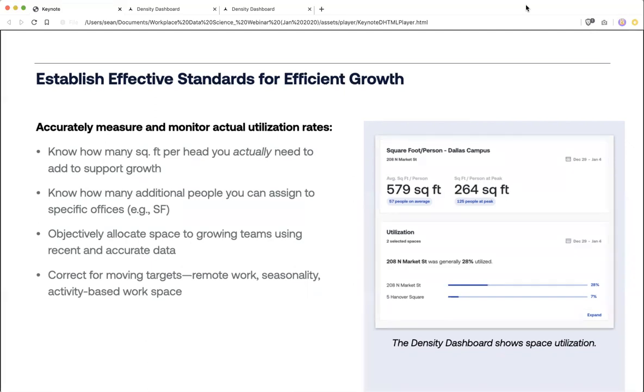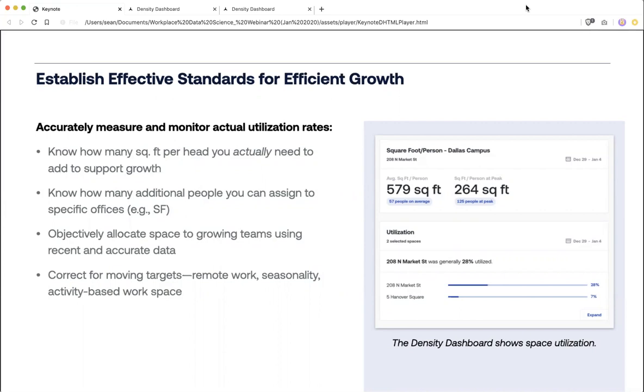So they want to do this on a room level. They want to understand neighborhoods or desk areas. And they want to correct for the moving targets and not just go after the guesswork or the politics or these trends of remote work or whatever it may be. So it's really about getting data to provide the fundamental infrastructure for your workplace planning and consolidation or growth efforts.